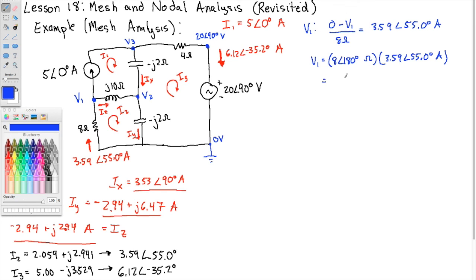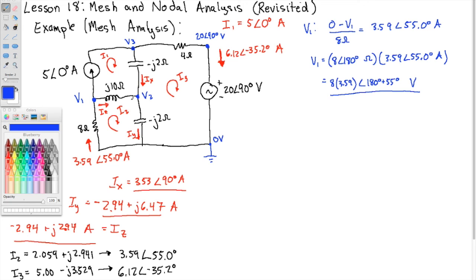So when I do the multiplication, I've got 8 times 3.59, and I've got an angle of 180 degrees plus 55 degrees. You can do this math, and this will be volts now because we have ohms times amps. So that's how you get V1.